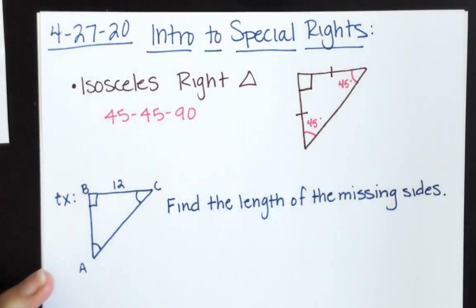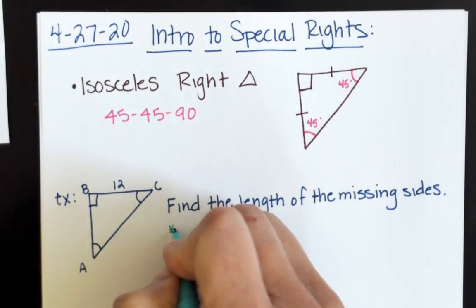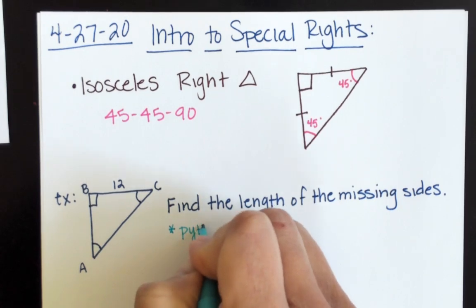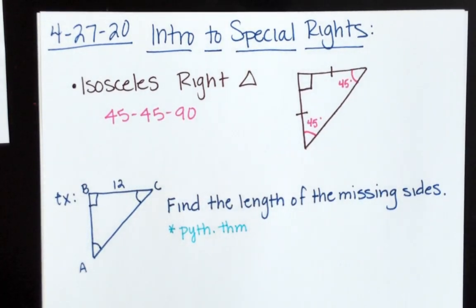And there's no tricks. You absolutely can use the Pythagorean theorem. There is no reason why we can't choose to do that.